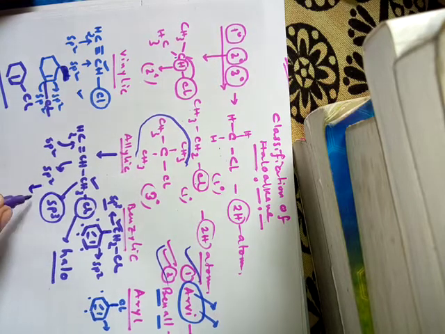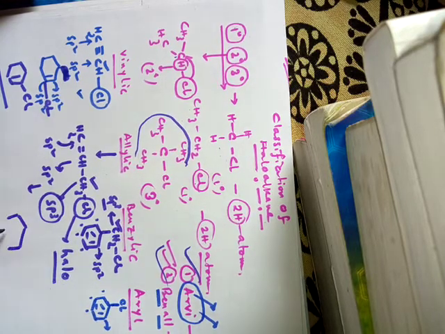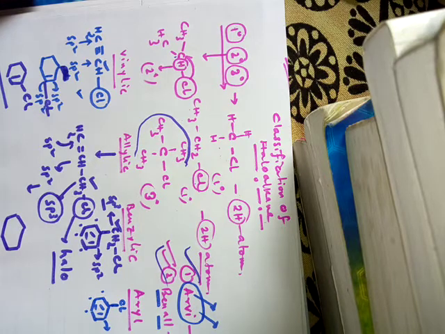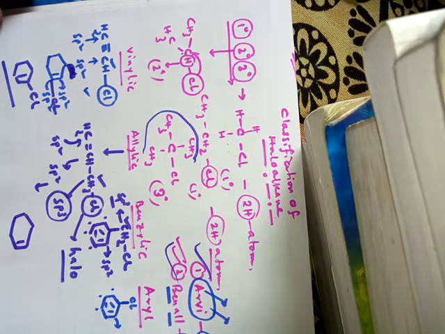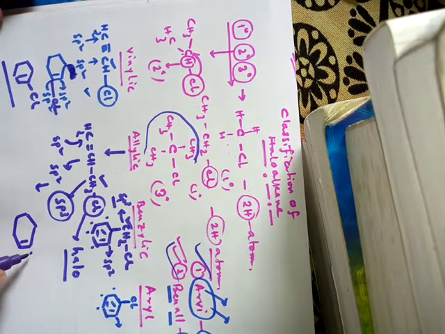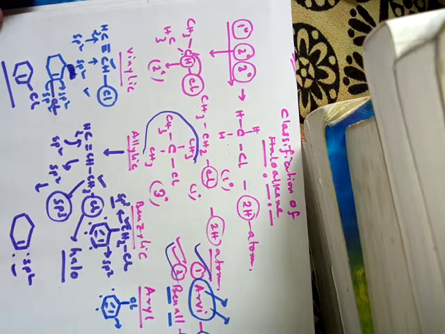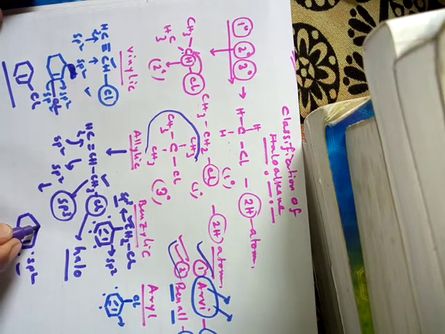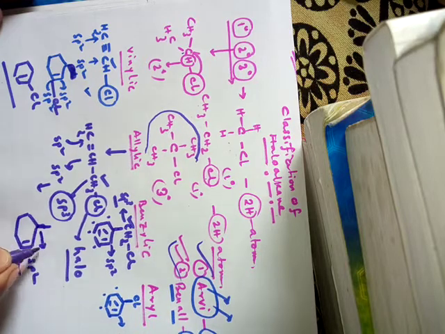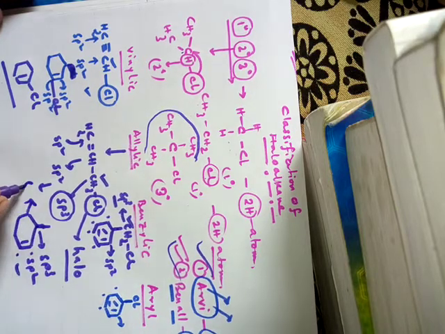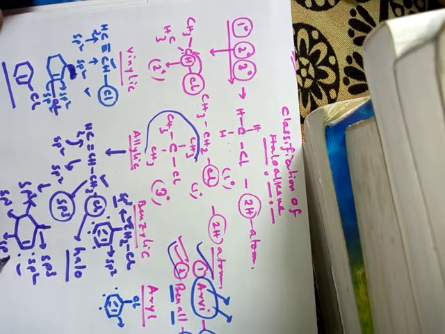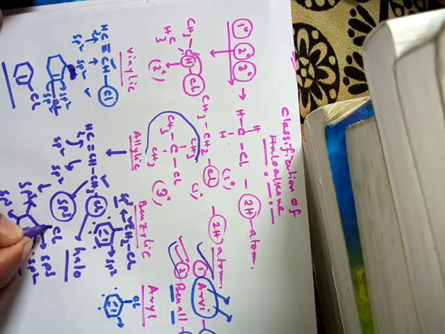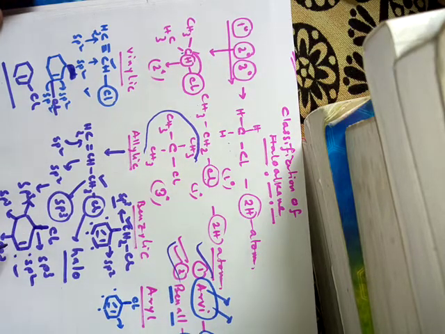Another example of allylic is cyclohexene, with only one double bond. These two carbons are sp2, but all the other carbons are sp3. If we attach a halo group with one of these sp3 carbon atoms next to the double bond, then it will be an example of allylic halides.